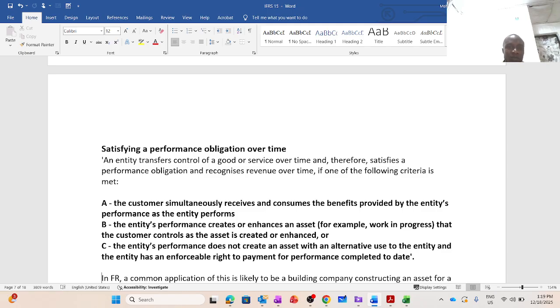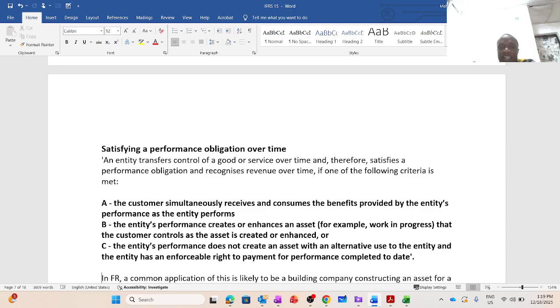The support service is over time. So we need to identify how we can recognize revenue over time. Very important: an entity transfers control of goods or services over time and therefore satisfies a performance obligation and recognizes revenue over time. We are not going to recognize revenue at a particular point in time, but over a period of time.